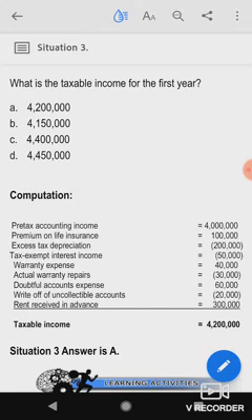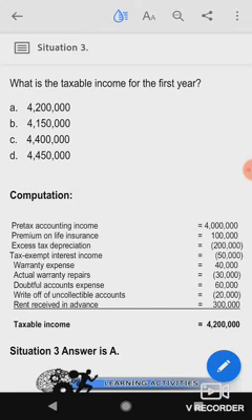We deduct the excess tax depreciation, because the excess is tax exempt. Tax exempt interest income, we deduct. Warranty expense, we add. And then actual warranty repairs: the actual warranty expense minus the actual warranty repairs will be the actual payments for repairs.